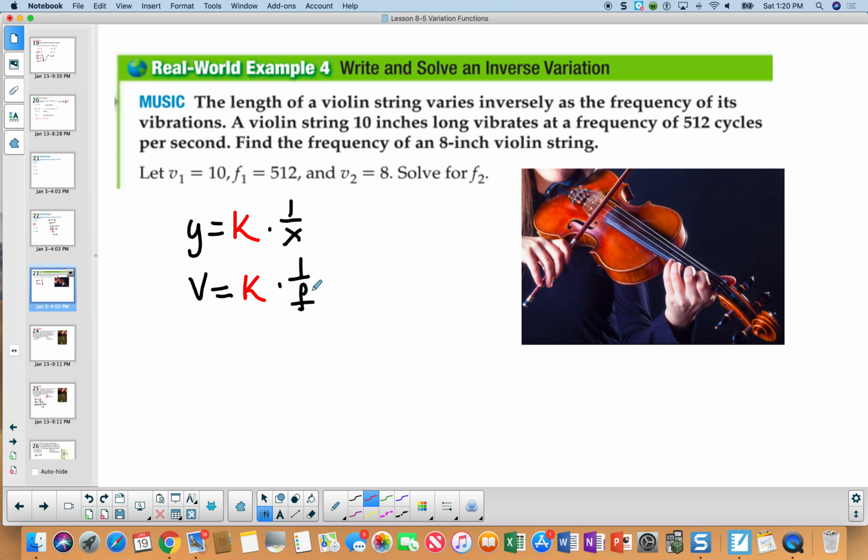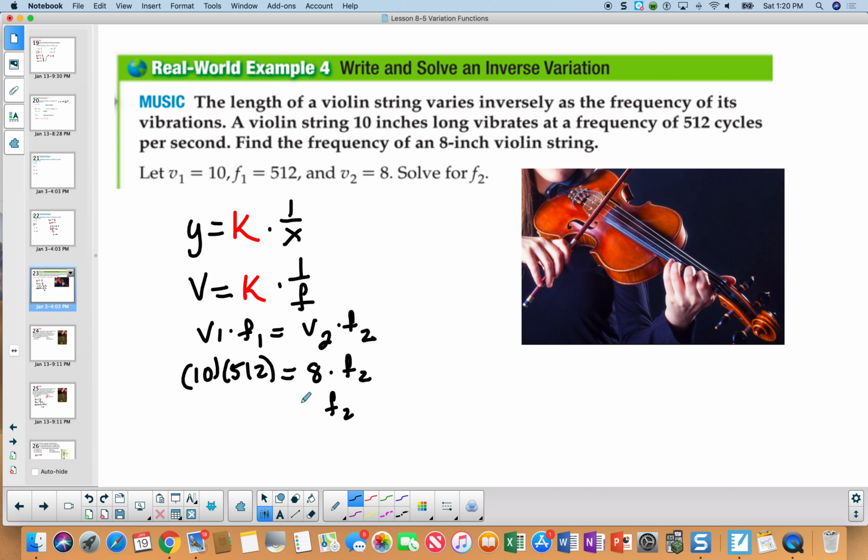All right, now we want to solve for k, and when we solve for k, we're going to get v1 times f1, and we know that's going to work for any other set of points as well. The product will equal the product, because when you multiply by f on both sides, you're going to get this. So I'm going to use f1 here, that's 10, and then I'm going to times it by 512 equals 8, and what I'm looking for is that other frequency.